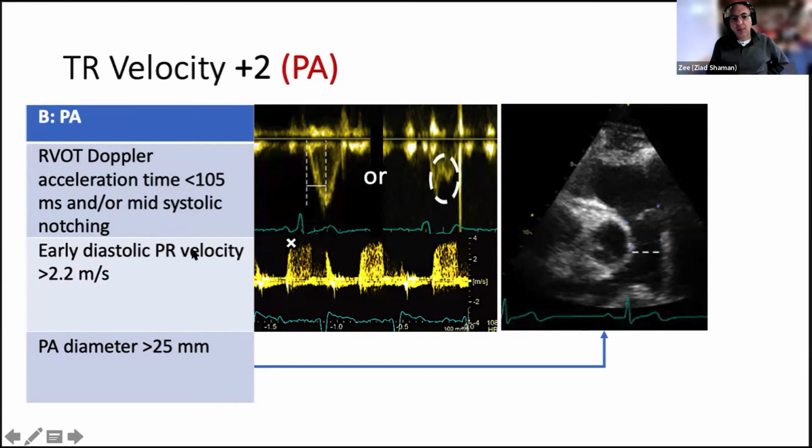Early diastolic PR velocity, so pulmonary regurg velocity. Seeing the pulmonary artery is not that easy, but if you can get it and you get an early regurgitant velocity of more than 2.2 meters per second, then that qualifies as a point. And if you find the pulmonary artery trunk and you can measure its diameter and it's more than 2.5 centimeters or 25 millimeters, then that's the point.